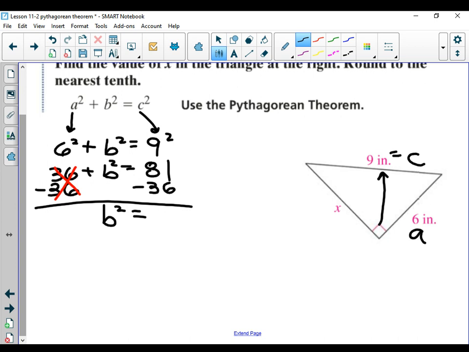That's 45. Wait, not perfect. About 7 squared. Close to 7.